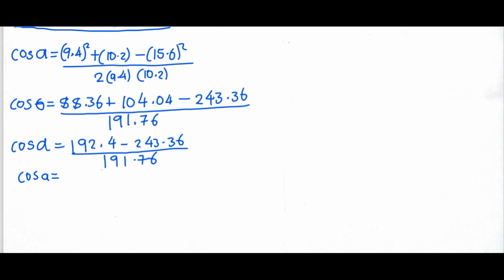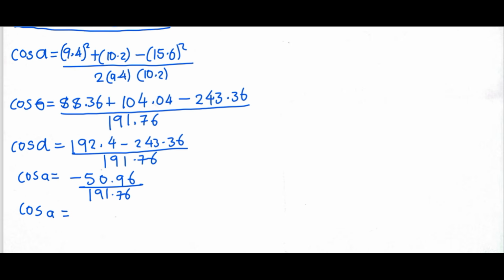So 192.4 minus 243.36, I'm getting negative 50.96, divided by 191.76.